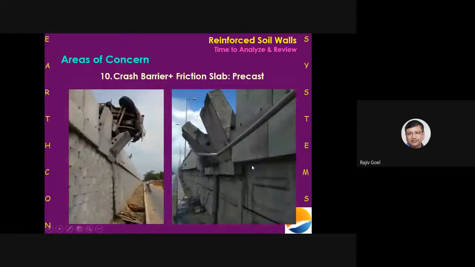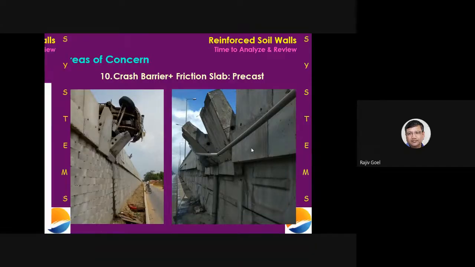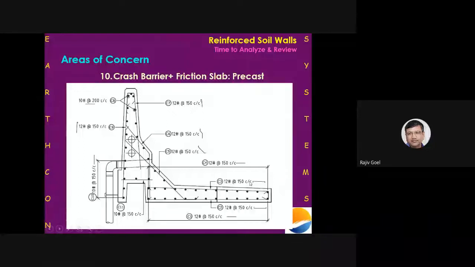And I think this is what has happened here, because in these cases, once you inspected the road surface, there was no sign of any distress. That means this system of resistance was not mobilized, and this crash barrier broke from here, and it overturned.